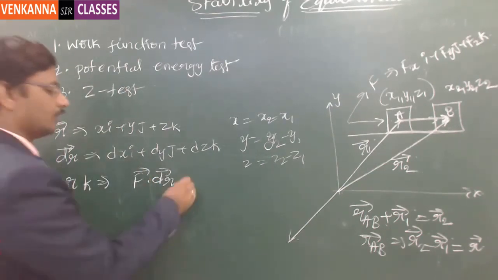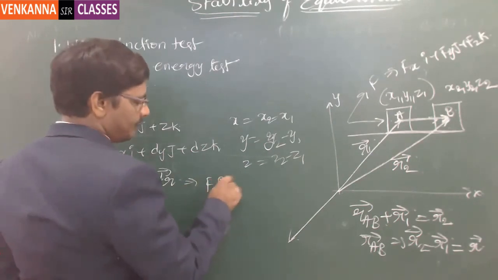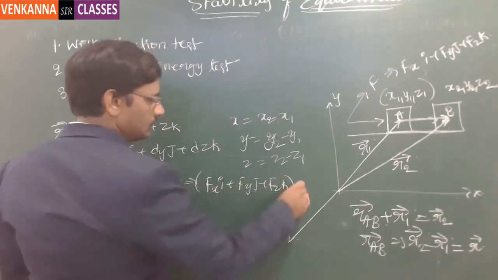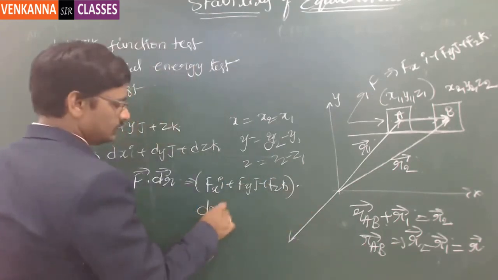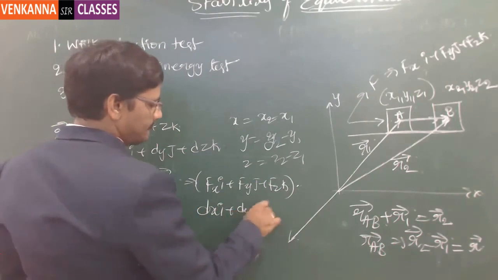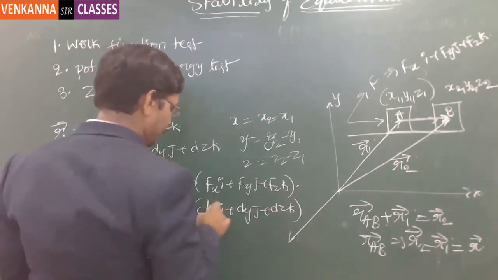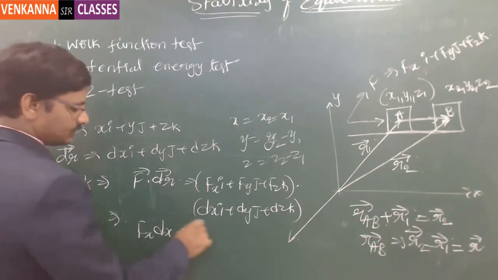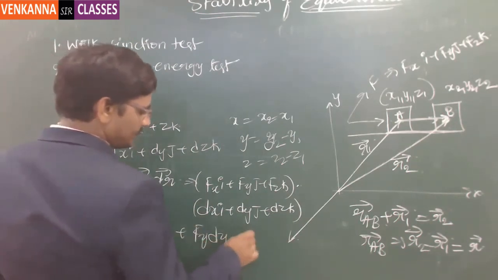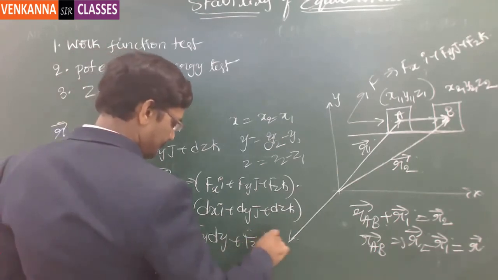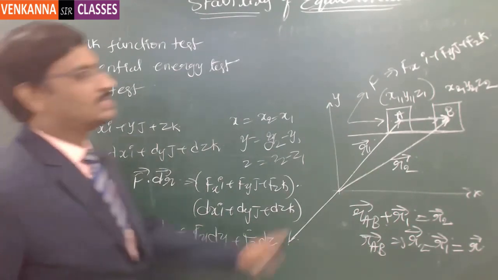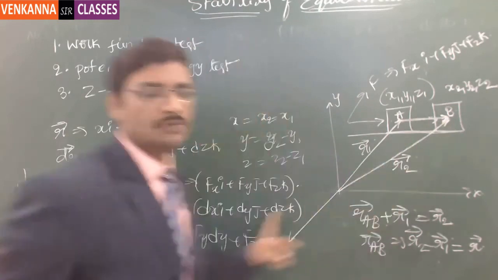So this dot product, Fx into i plus Fy into j plus Fz into k, dot dx into i plus dy into j plus dz into k, is going to be Fx dx plus Fy dy plus Fz dz. So this is nothing but the elementary work done. So if you move your displacement of dr, this is the work done.